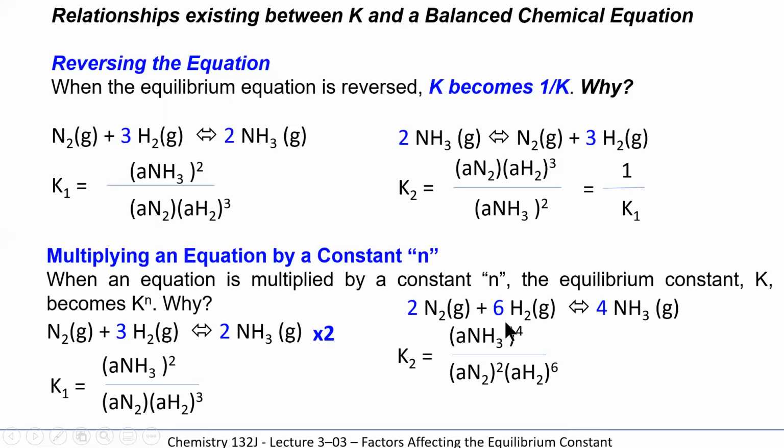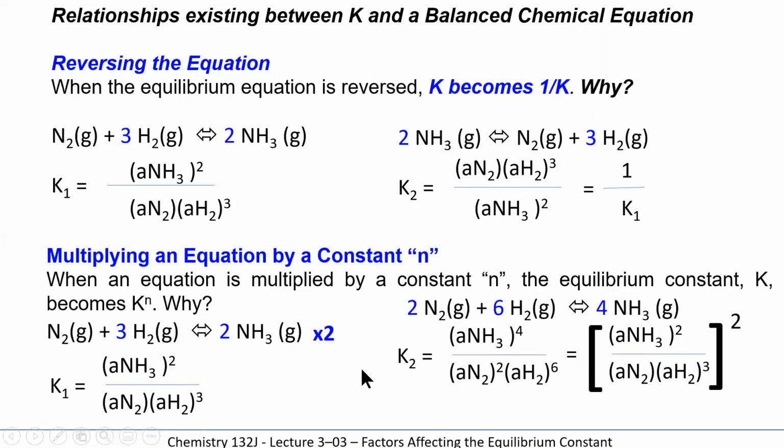And when we compare the exponents, we can see that K2 is really K1 squared, because if we took the original K1 and squared it, 2 becomes 4, 1 becomes 2, and 3 becomes 6.